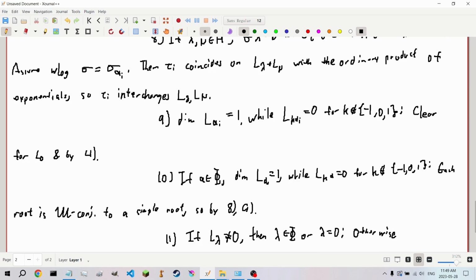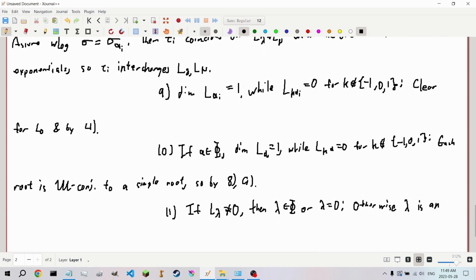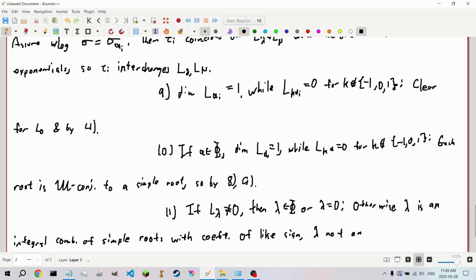Otherwise, lambda would be an integral combination of simple roots with coefficients of like sign, and lambda not a multiple of any root by our previous step.